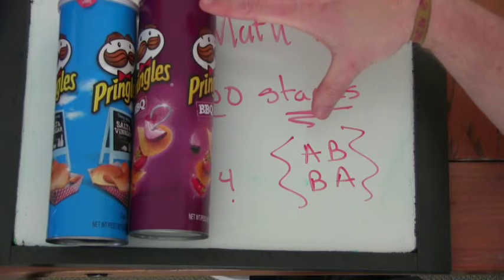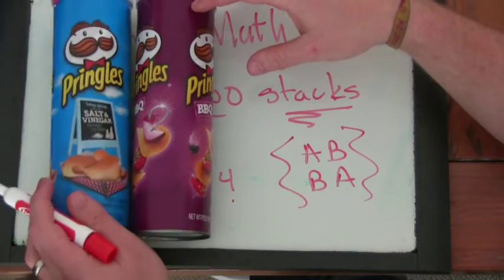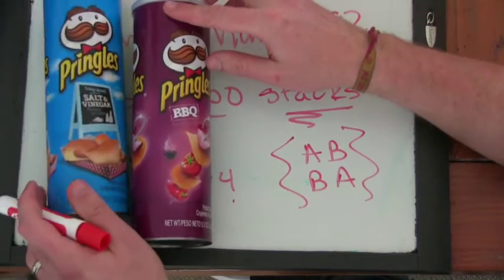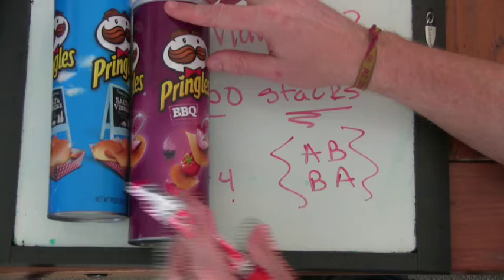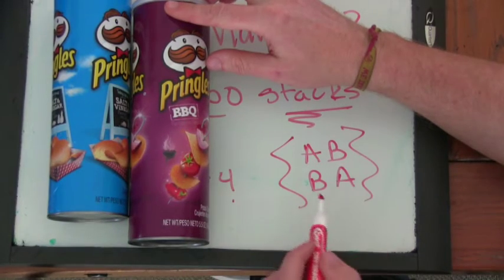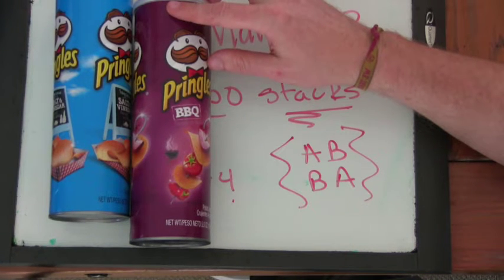Now, if A is the salt and vinegar and B is the barbecue, do you think a stack with A on top and B on the bottom will taste different than a stack with B on top and A on the bottom? No, I think they'll taste the same. Do you think you'd be able to tell the difference at all in those 2 stacks?